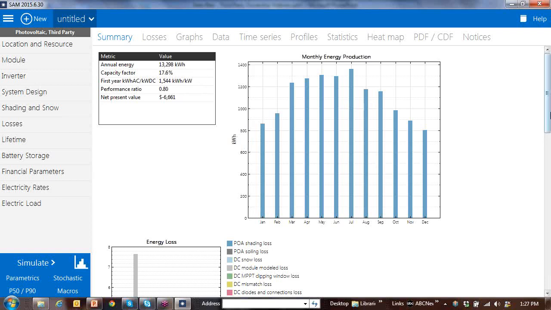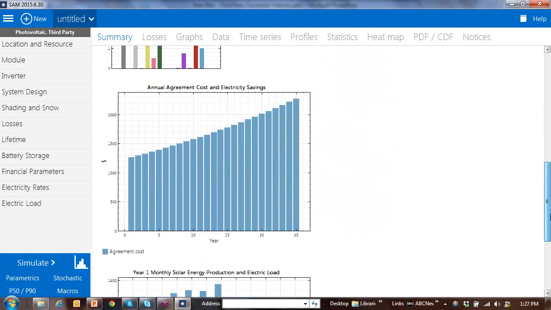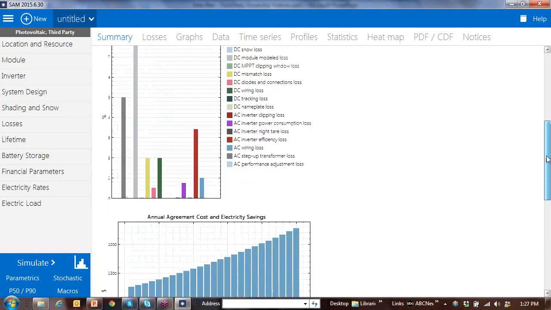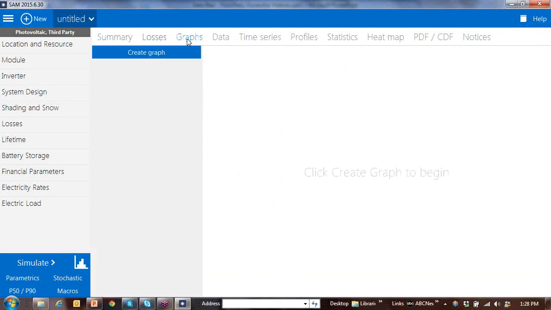We have a default graph of the monthly energy production, losses, agreement cost, and energy production versus electric load. And again, this is a very default system. This is not meant to indicate that third-party owner systems in any case are positive or negative in terms of value.